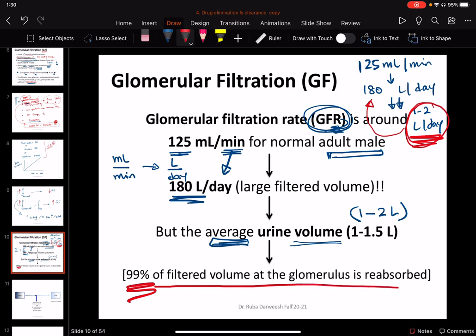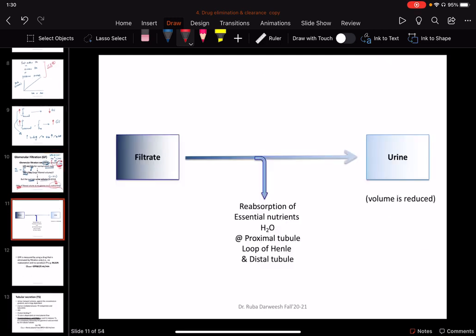So 99% of whatever is filtered is not going out, and that is what happens after the glomerular filtration, which we call tubular reabsorption. So this is only 1% of whatever goes through the filtration, and the remaining 99% will go through tubular reabsorption, which includes all the material that is needed by the body.